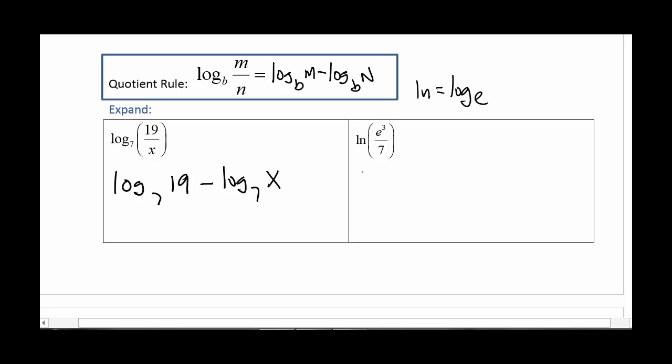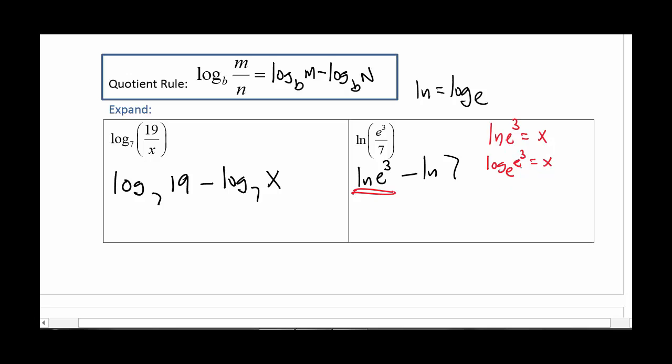And so when I split this apart, I get ln of e cubed minus ln of 7. Now, hopefully you recognized the property that ln of e cubed simplifies down to. In the last lesson, we actually looked at some simplification rules. So if you recall, we said that if we take ln of e cubed and set that equal to x, well, ln is log base e, so log base e of e cubed equals x.